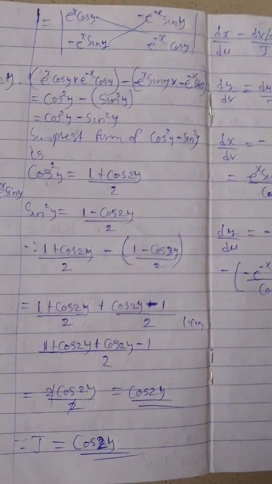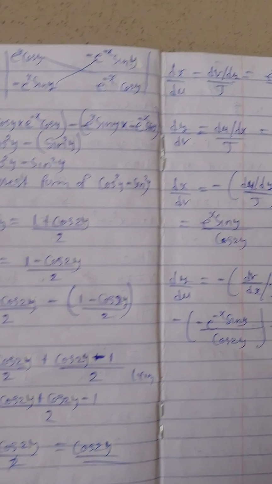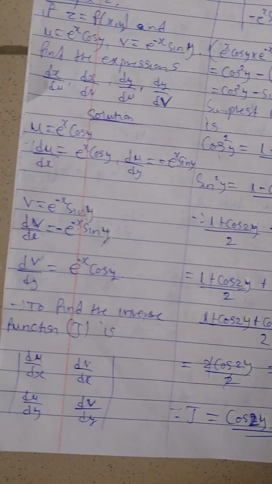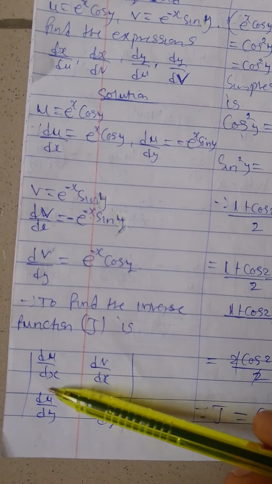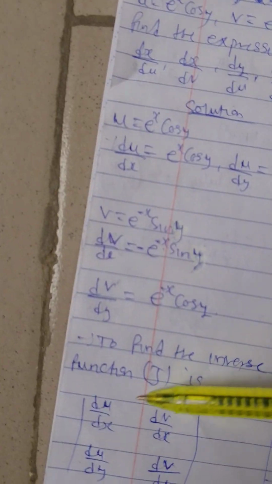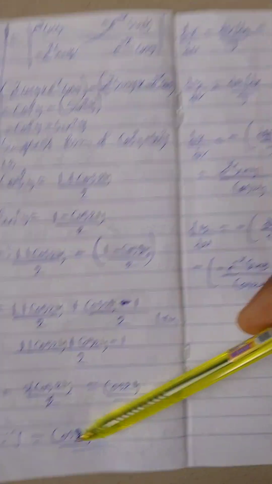So since my j is cos 2y, from our determinant, you know that dx over du is equal to dv over dy, all over my inverse function, which is j.